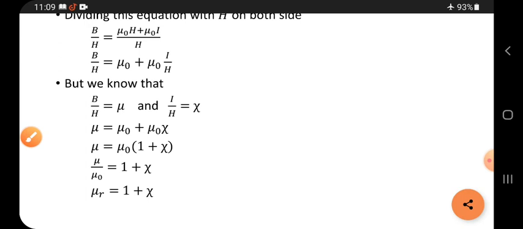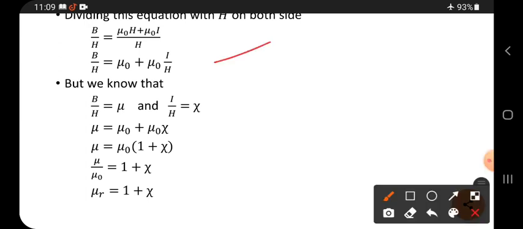Substituting here, we get mu is equal to mu naught plus mu naught chi. Bringing mu naught to this side, mu by mu naught can be written as mu r.